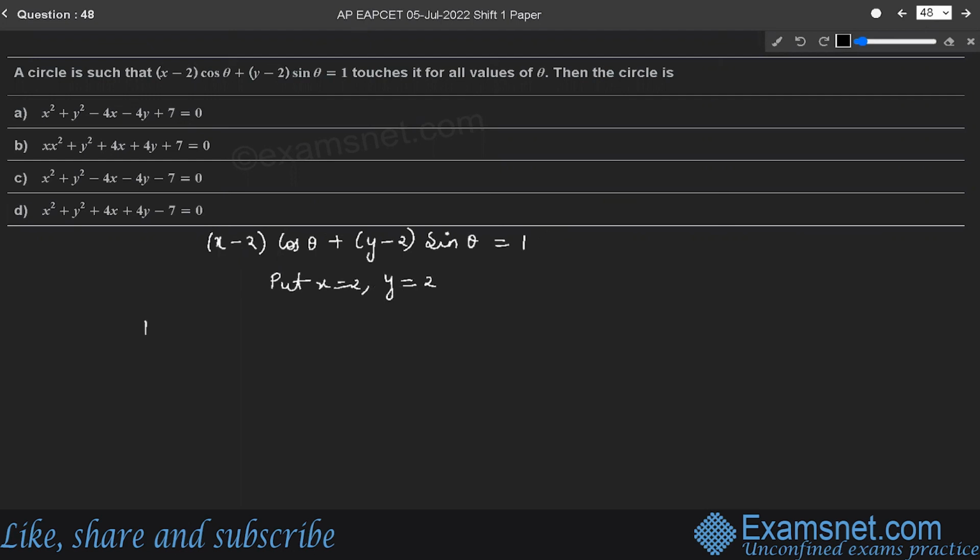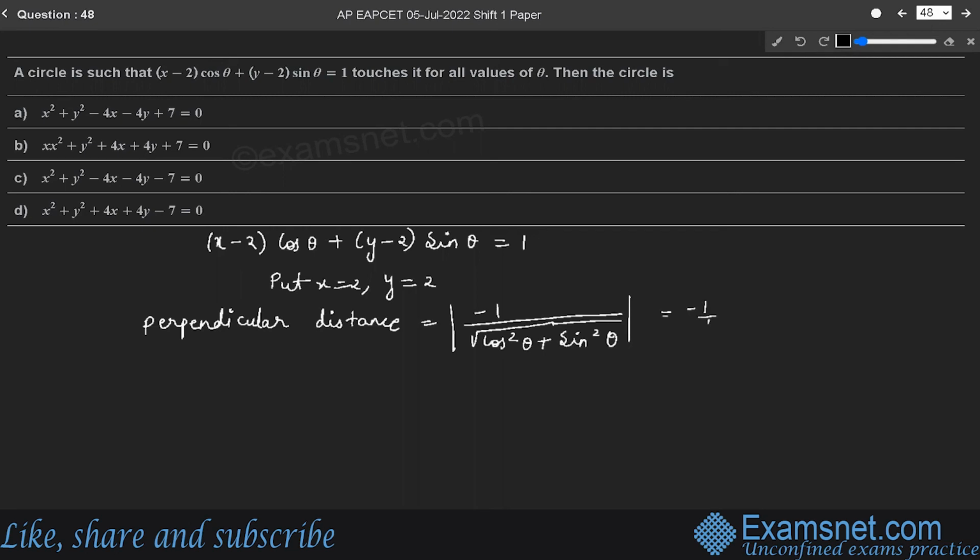And we know that the formula for perpendicular distance is mod of minus 1 upon under root of cos square theta plus sin square theta. Cos theta is the coefficient of x and sin theta is the coefficient of y. So it will be equal to minus 1 upon 1 and it is in modulus, so it will be 1.